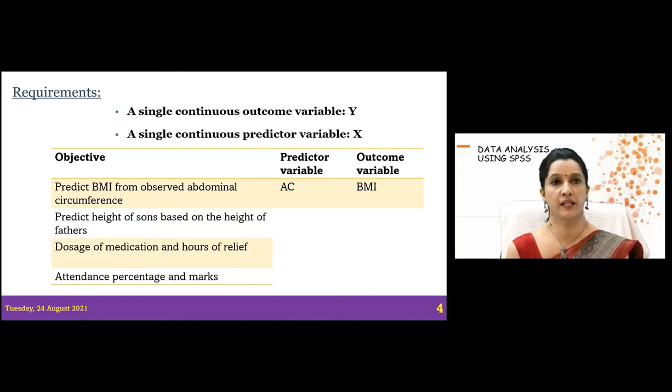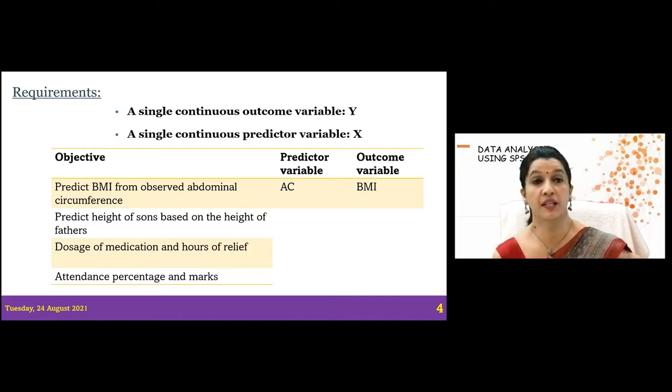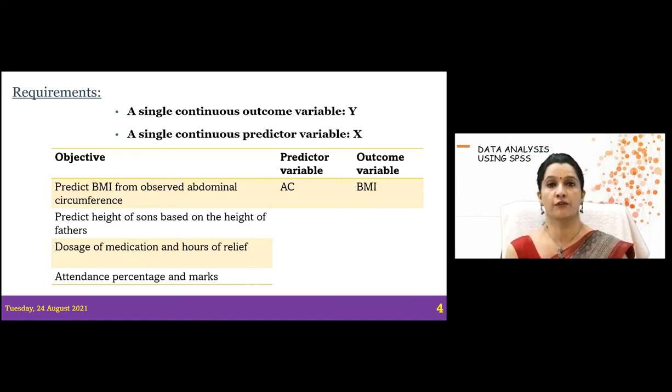So yes, the predictor variable, you are right, is the height of father, because you can remember that the predictor variable is the independent variable. So the height of father will be the predictor variable and the outcome variable will be the height of son. Yes, all of you are right. Outcome is the height of sons.